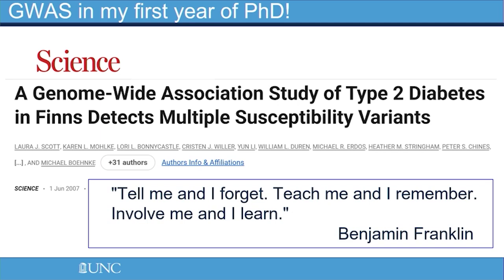Out of my own view. And so I really want to highlight the last part, a quote from Benjamin Franklin: Involve me and learn. There are so many things Mike has involved me in. I still have papers in which I'm only very peripherally involved, even last year on type 2 diabetes, and I can't even count, definitely over a dozen DIAGRAM consortium papers.